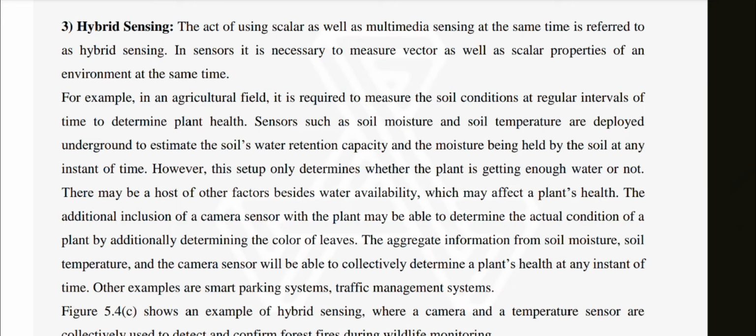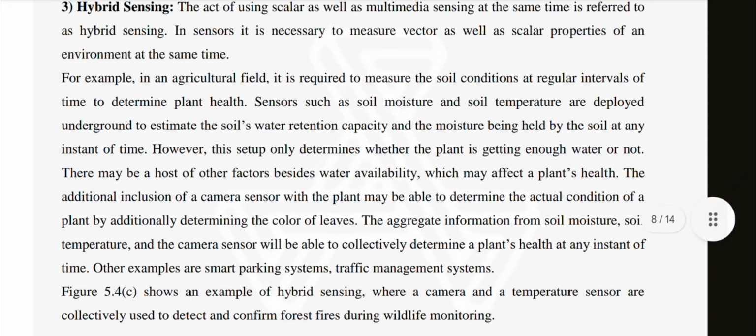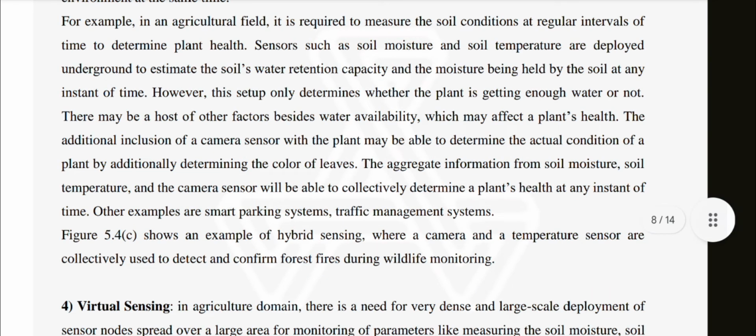Sensors such as soil moisture and soil temperature are deployed underground to estimate the soil's water retention capacity, and whether the moisture is being held by the soil or not. There may be a host of other factors besides water availability which may affect the plant's health.